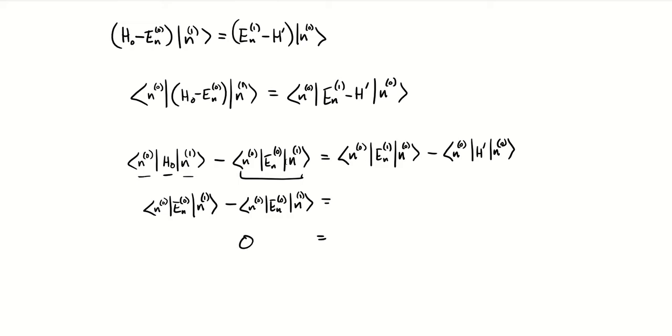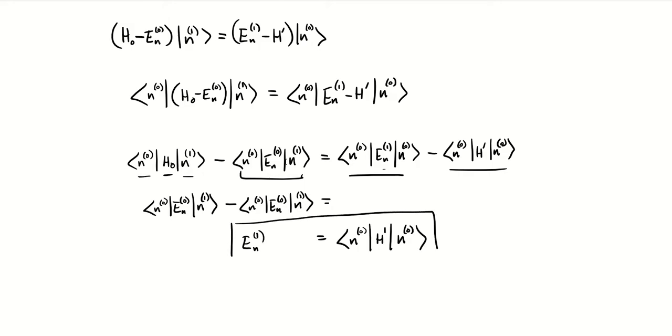On the right-hand side, we have these two terms. What does that give us, right? This term is equal to that term, or this can come out and we end up with En1. The first order correction to that energy eigenstate is just simply the matrix element of that perturbation Hamiltonian. So this is what gave us our first order energy correction in first order perturbation theory.